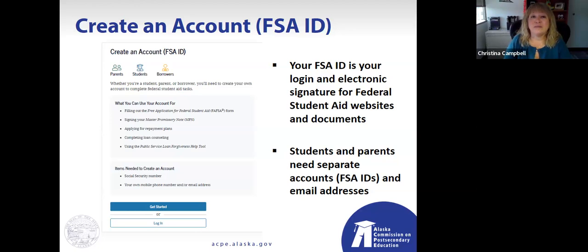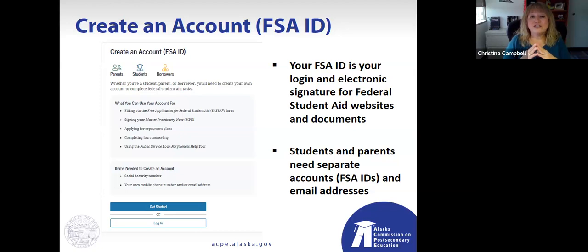That 3-day waiting period, they have to wait before they log in, which is why when you're meeting with students, the sooner they can create their account, if they've never had an account ever before, the better off they will be, because it's going to take a minimum of 2 time periods to complete the FAFSA.